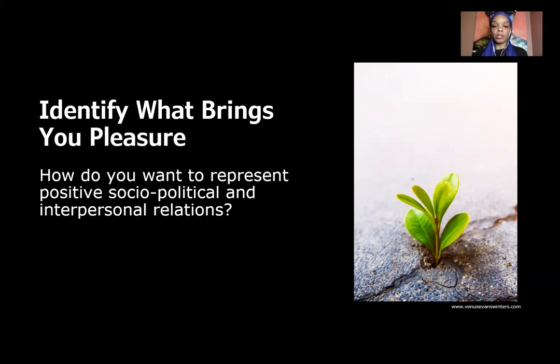Okay. And I'll ask the question again. You're going to write in your writing journal and respond to the following question: how do you want to represent positive social, political, and interpersonal relationships? Okay.